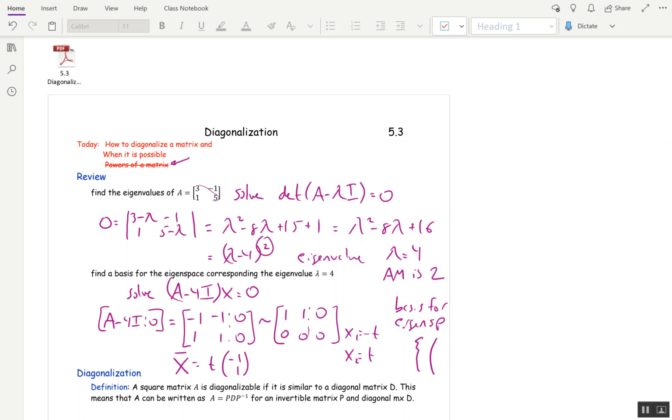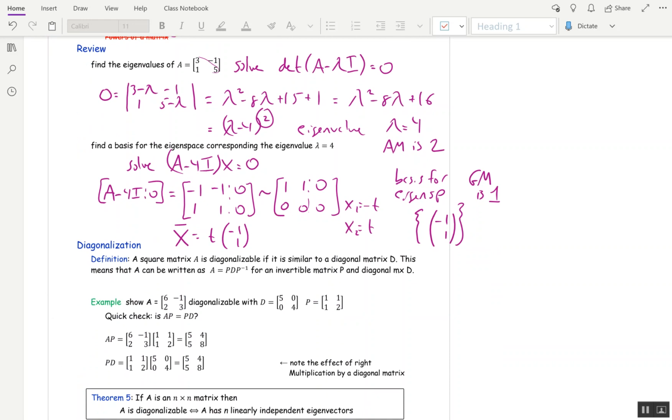So a basis for that would be the vector -1, 1. And since this basis has one vector in it, the dimension of the eigenspace is 1. So the geometric multiplicity is 1. All right, this will be important to us later today because we're going to be comparing algebraic multiplicities to geometric multiplicities. But note here that the algebraic multiplicity is 2, geometric is 1.